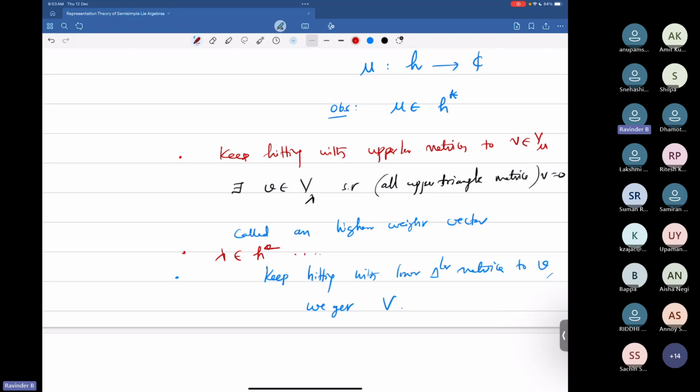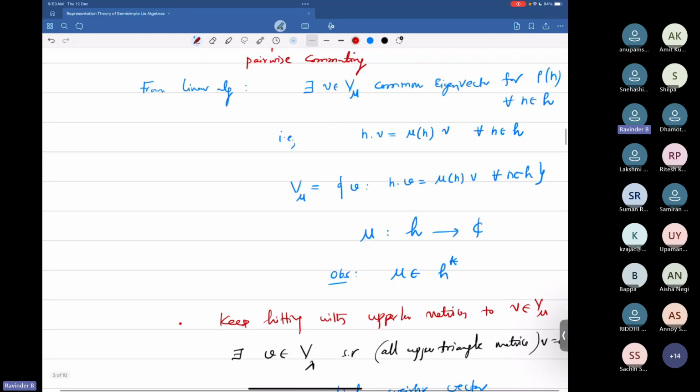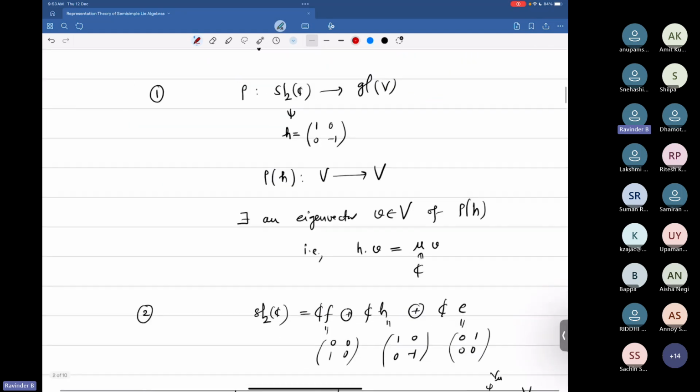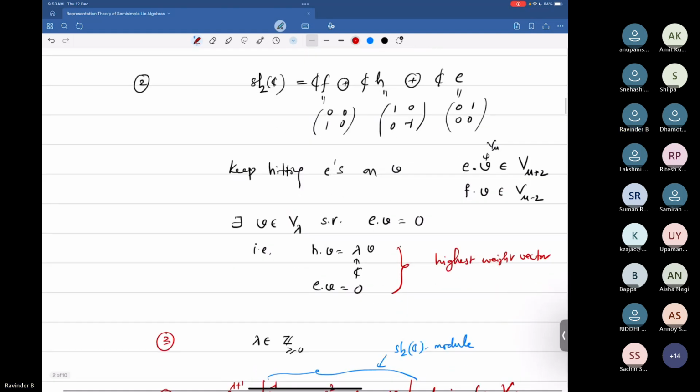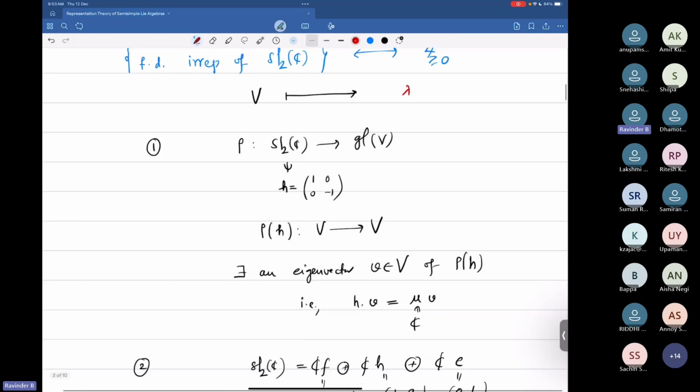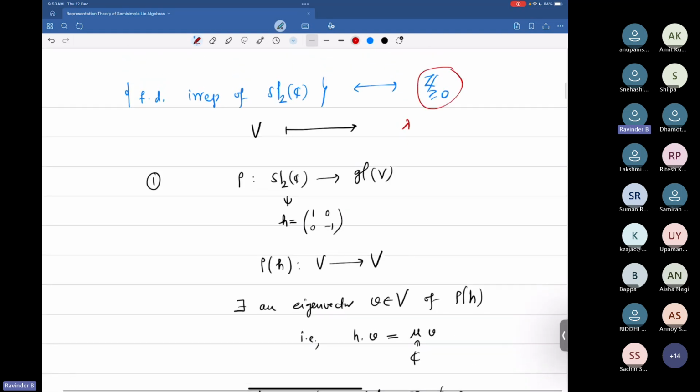That is the correspondence I am looking for. Here it was in C in the beginning, but it is very special that it lies in the non-negative integers. So that lambda will have a special property, and that is the set I am looking for on the right side of the correspondence.